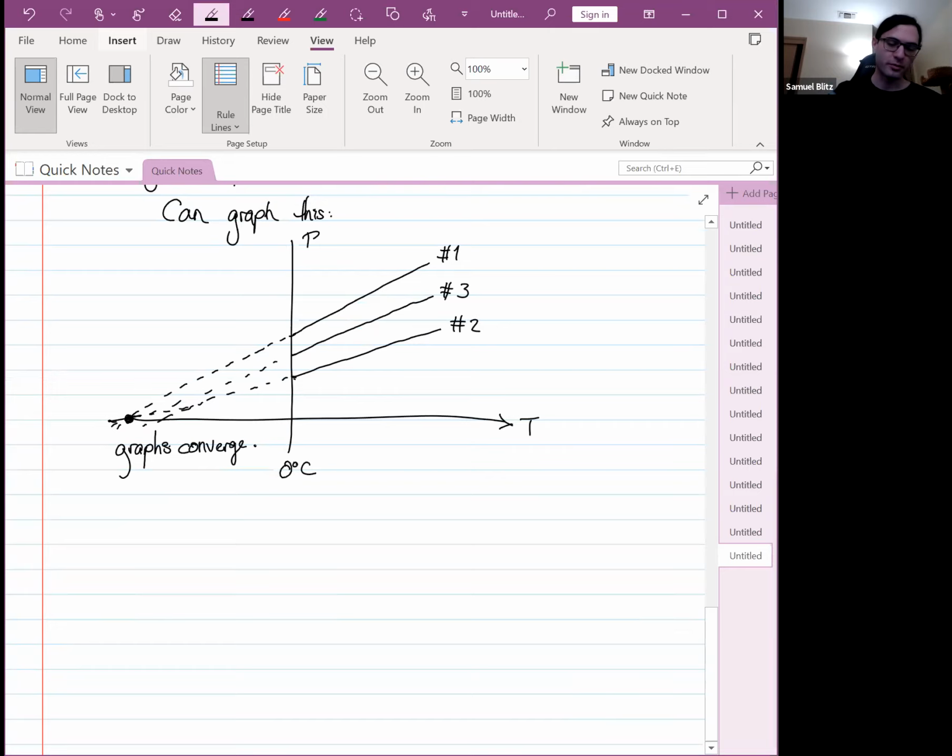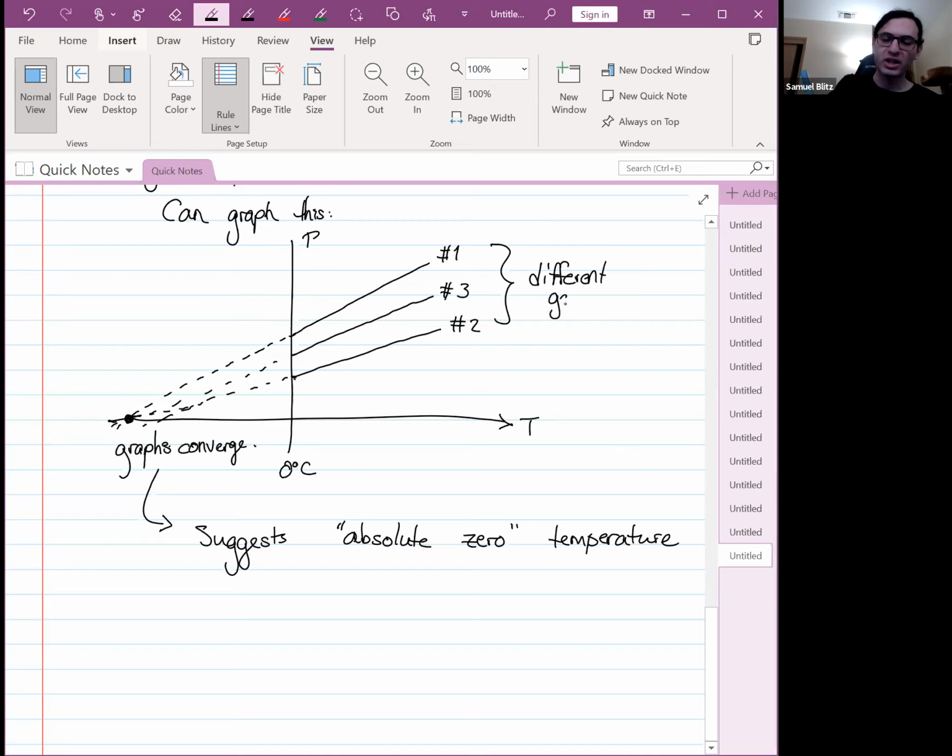So this observation suggests that there is some absolute zero temperature which doesn't care about the substance that you're talking about, because these were 3 different gases.